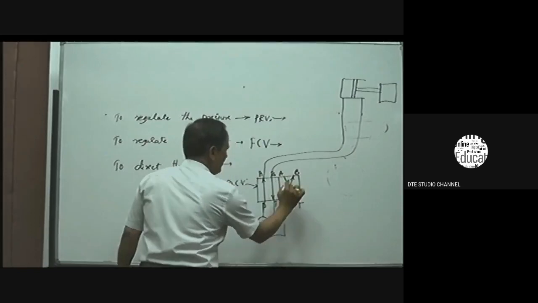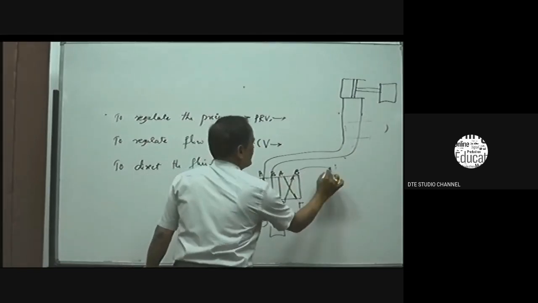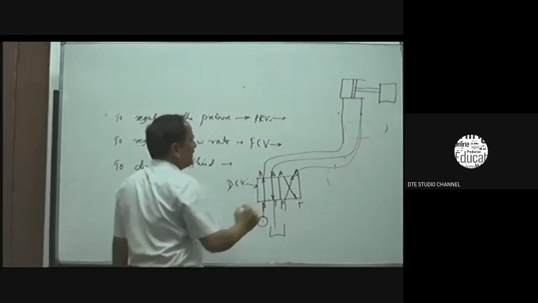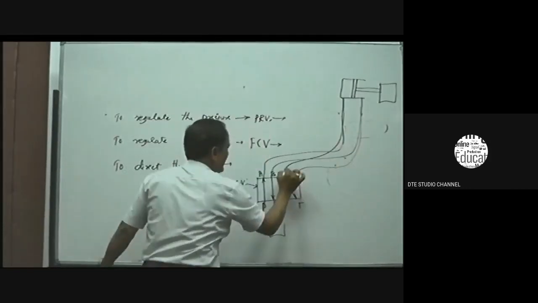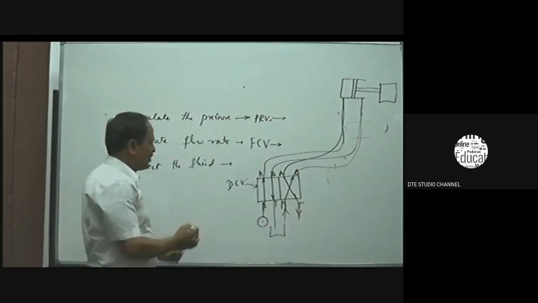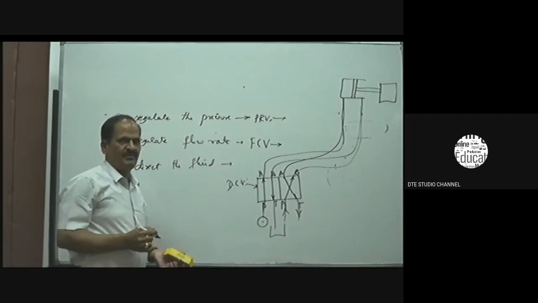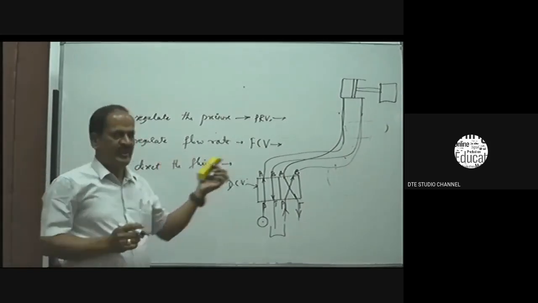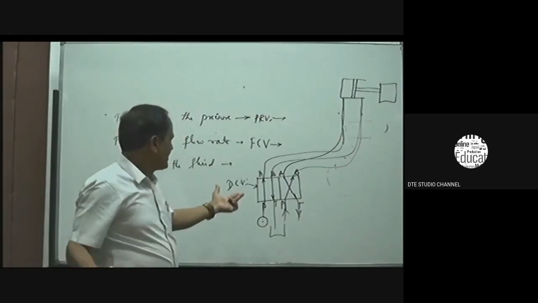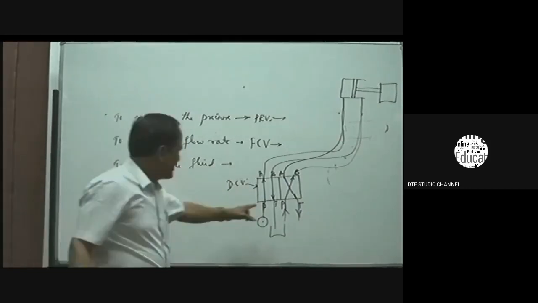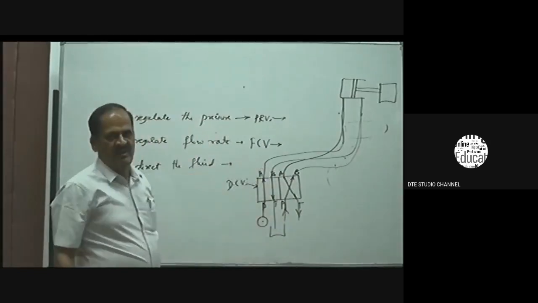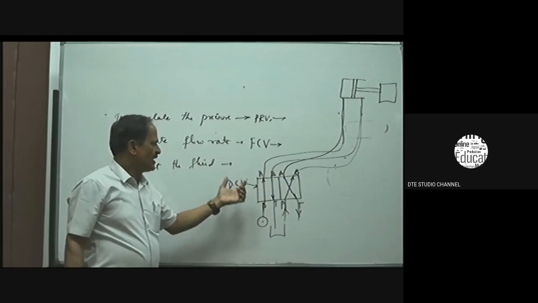From the pump, fluid goes to port B and A communicates with the tank. So the direction of flow of fluid is reversed because the piston load has to move in both directions in the actuator. That's why the direction of flow of fluid is reversed now. This is the symbol representing a DC valve. This is a 4x2 DC valve because it has 4 ports and 2 positions.